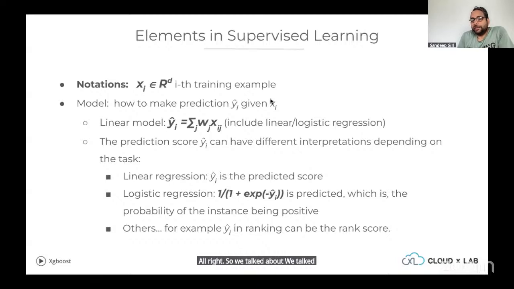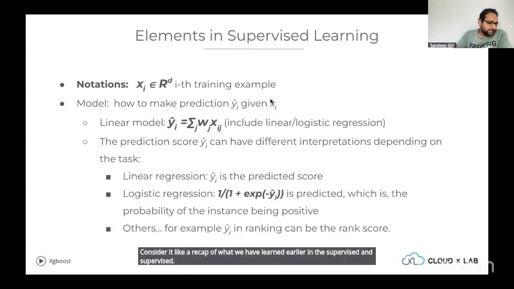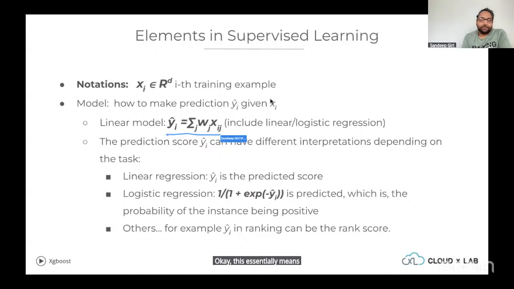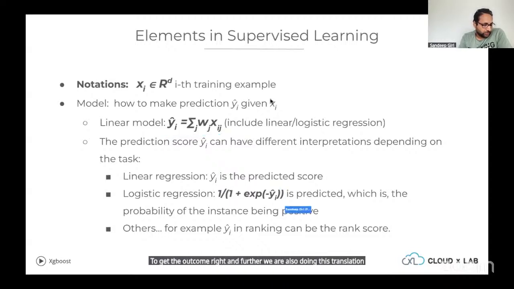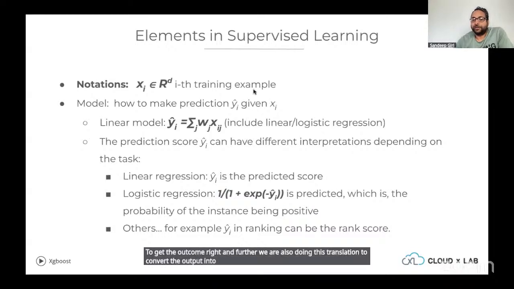So we talked about the machine learning model. Consider it a recap of what we learned earlier in supervised and unsupervised learning. This essentially means we are multiplying some numbers to the input and adding some number to get the outcome. Further, we also do a translation to convert the output into probabilities.